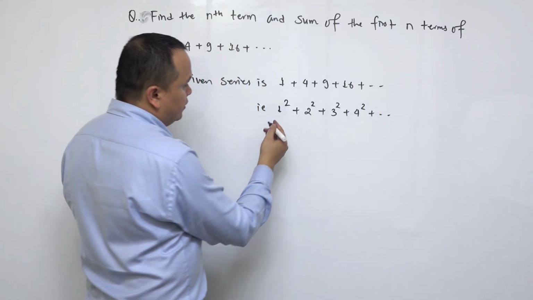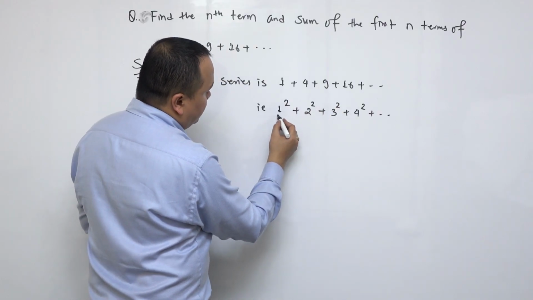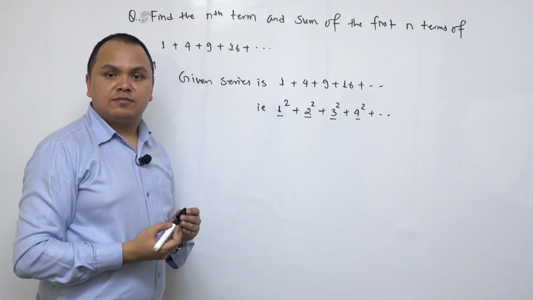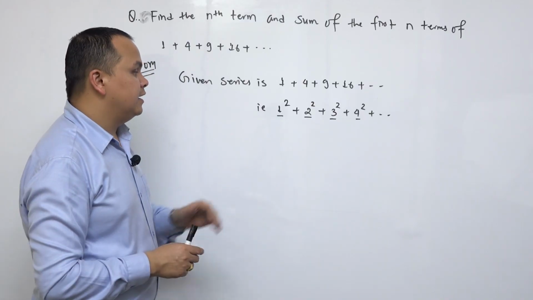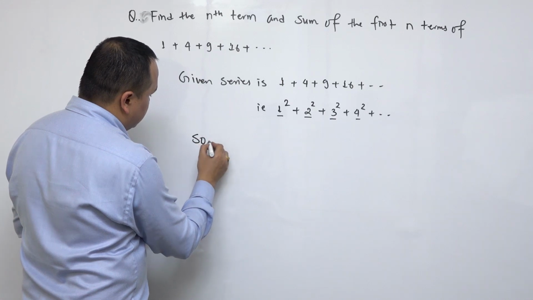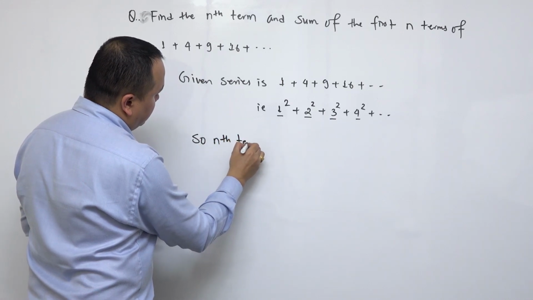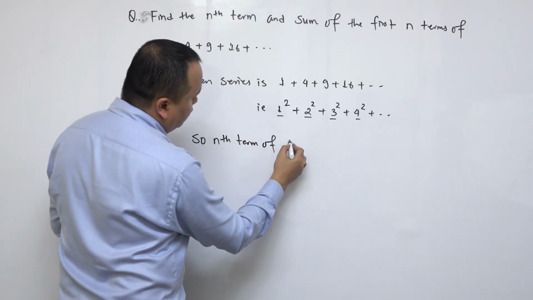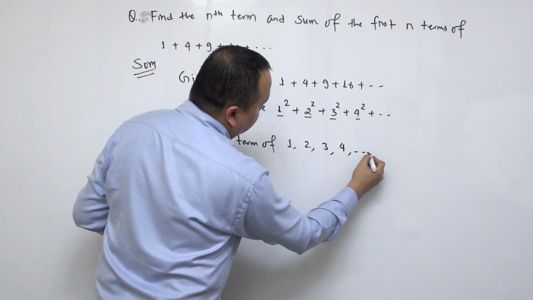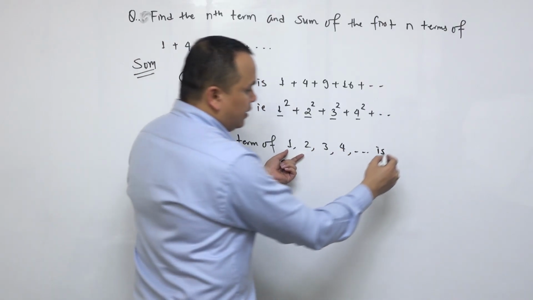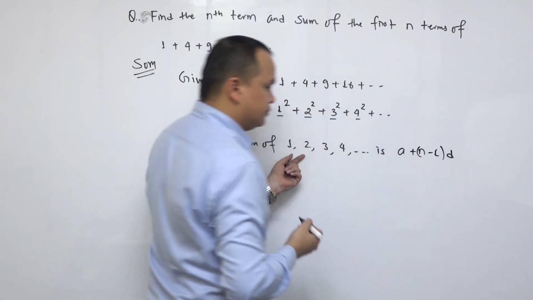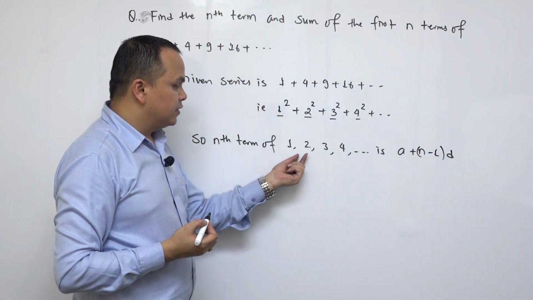Now, except for the square, if we take 1, 2, 3, 4, then it forms an AP. So the nth term of 1, 2, 3, 4 is A plus n minus 1 times D, because it's an AP.